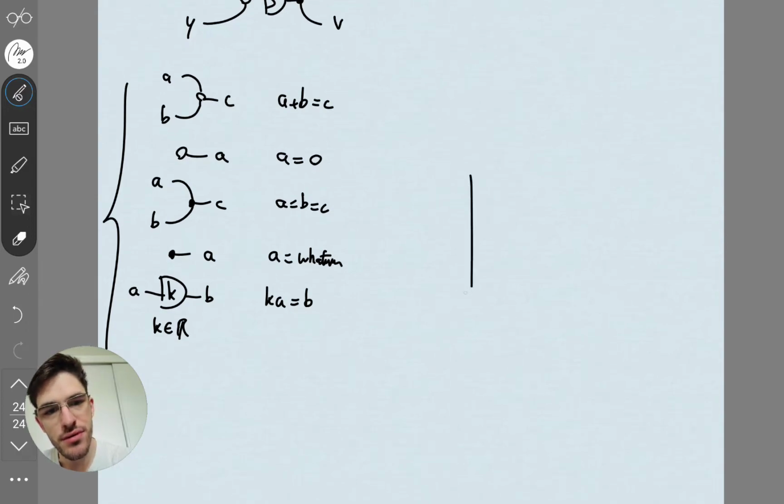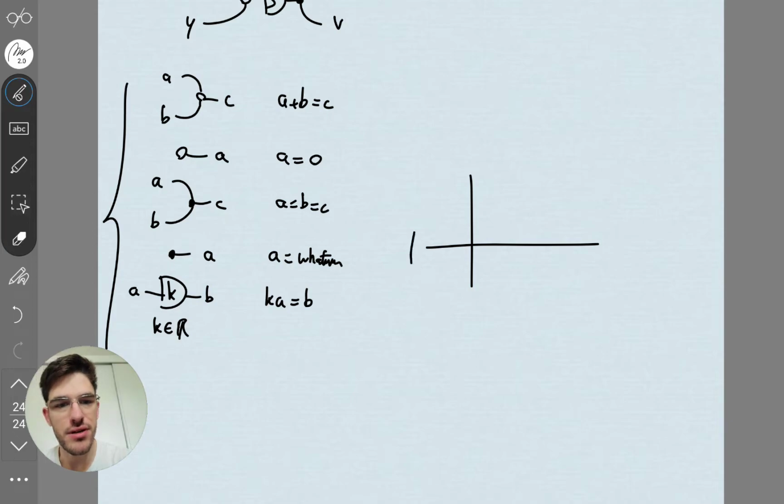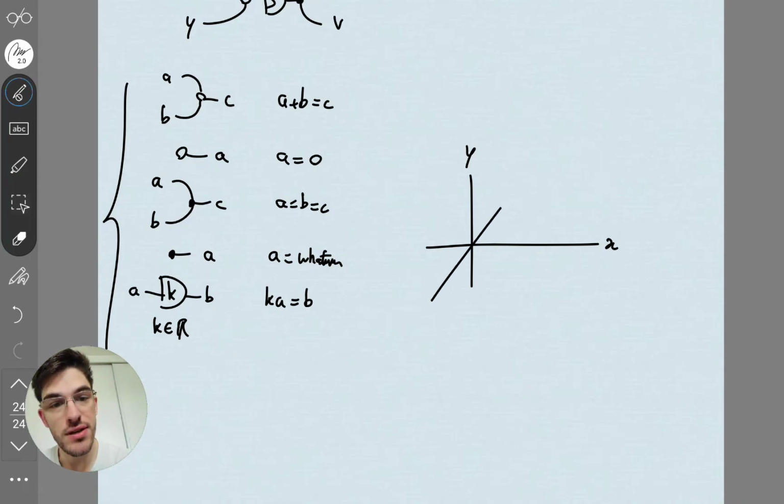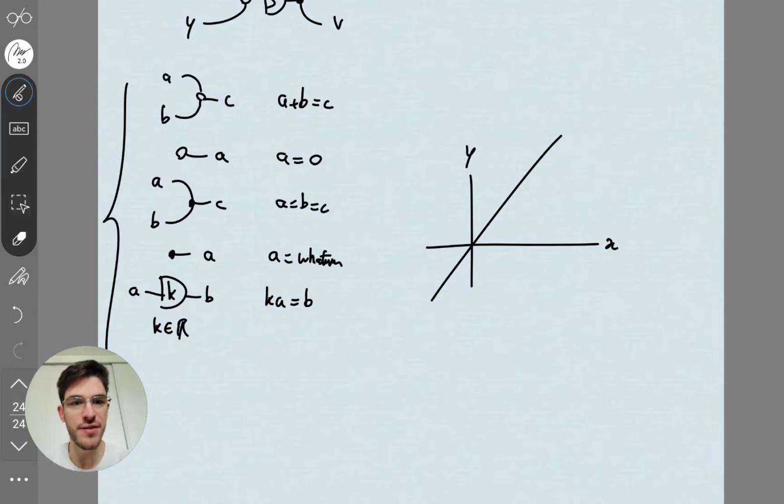So if I draw a 2D plane, right? If I imagine a set of things in the 2D plane, a set of points. Here's a set of points. It's got 3 points. Here's another set of points. It's got plenty of points, and it's very curved. Here's a set of points. That one is a line.